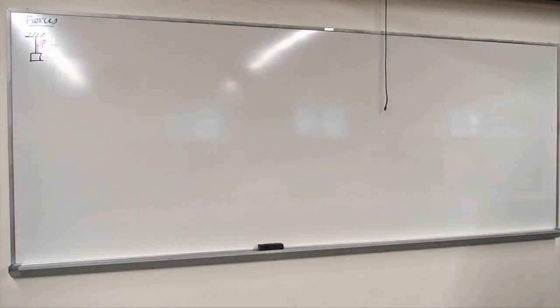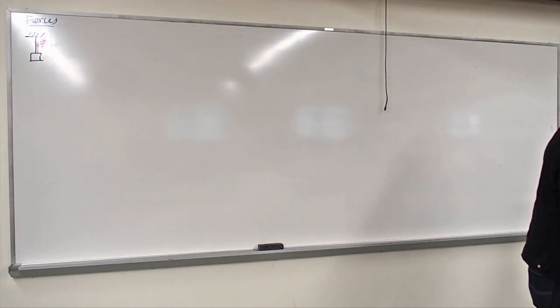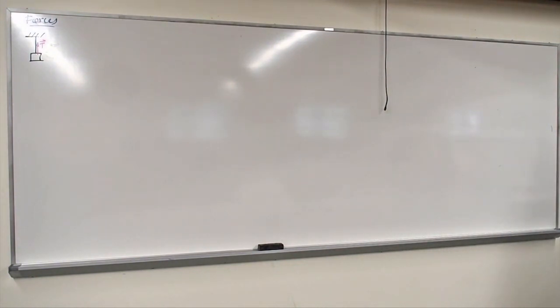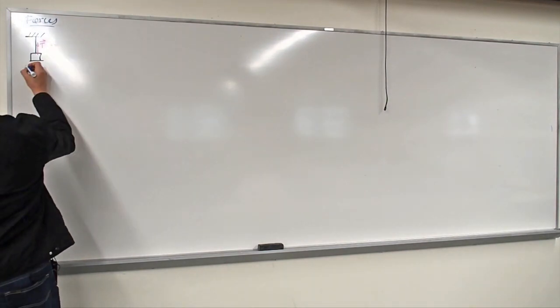And most of the time, cords are going to be massless. If a cord is massless, what does it mean? Tension is going to be exactly the same at any point of the cord. In all the problems which we are going to see in this course, cords are going to be massless.